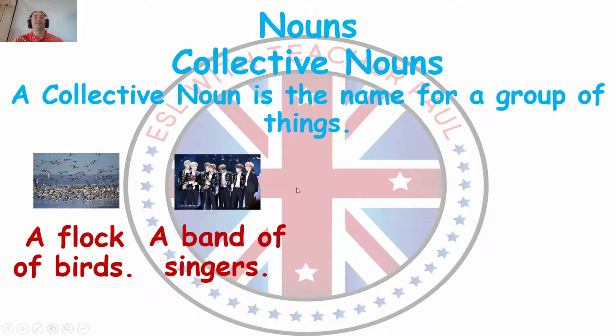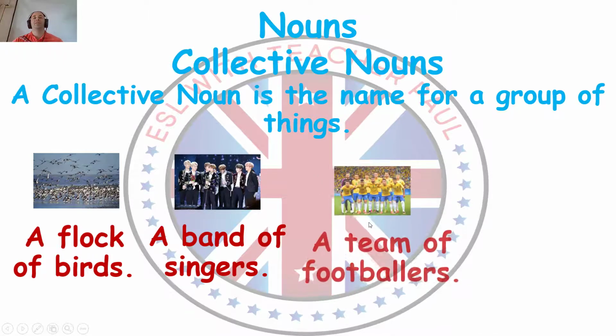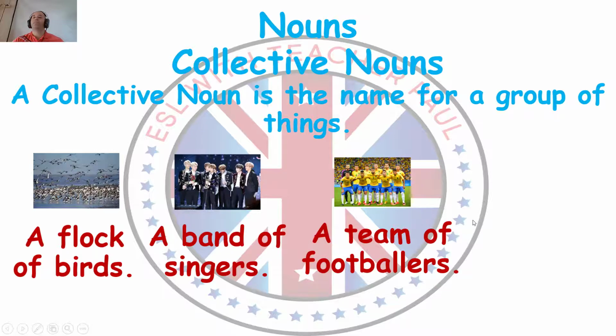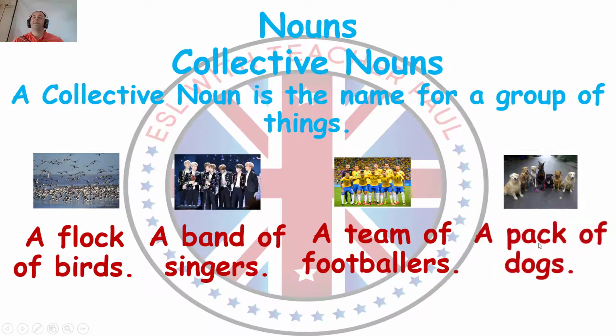Another example is a band of singers, or a team of footballers, and we have one for dogs, a pack of dogs. Okay, there are many kinds of collective nouns depending on what it's about. For example, a group of lions is called a pride. Okay, a group of elephants is called a herd of elephants, a pride of lions. Okay, so depending on the noun that it's about, you would have a different collective noun.